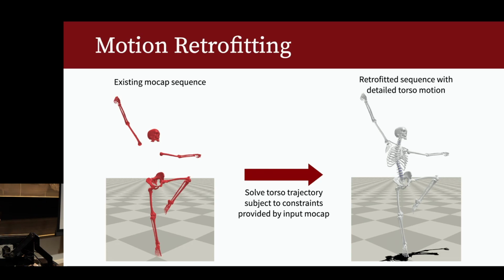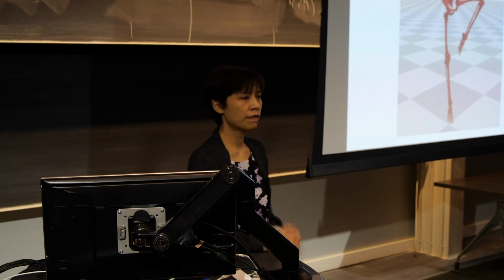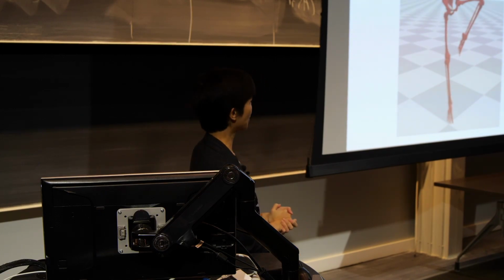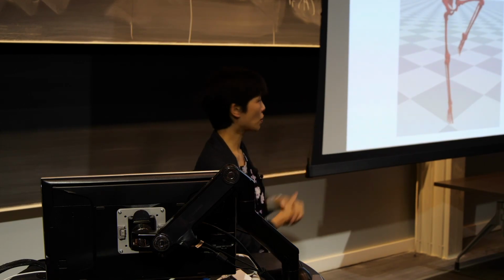So once we have this new spine model and new physics engine for the spine model, what can we do with it? One thing we can do is take an existing motion capture sequence, which doesn't have any complex movement in the torso area, and retrofit it with complex, detailed, and physically correct torso movements.